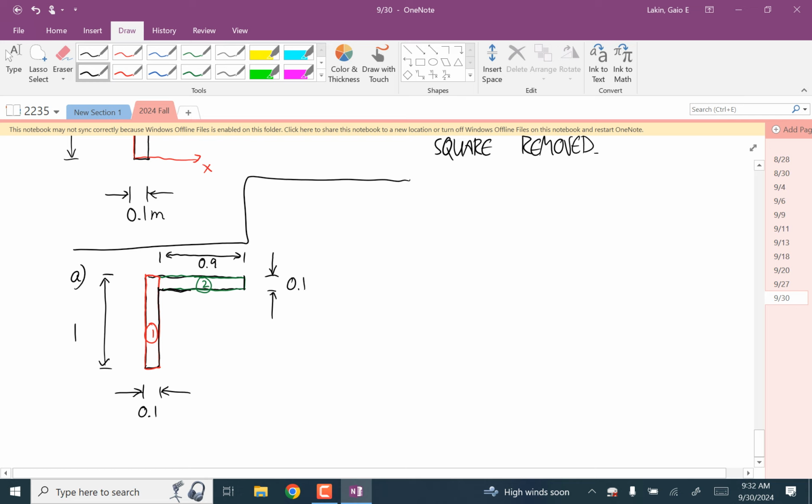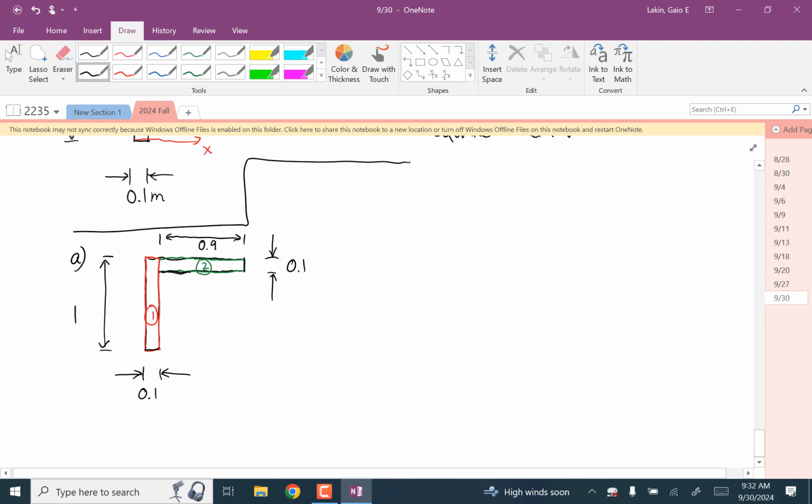And so what do we know for rectangle 1? If our coordinate system is at the lower left corner of this thing, first let's calculate the area, and then second, let's calculate the centroid.